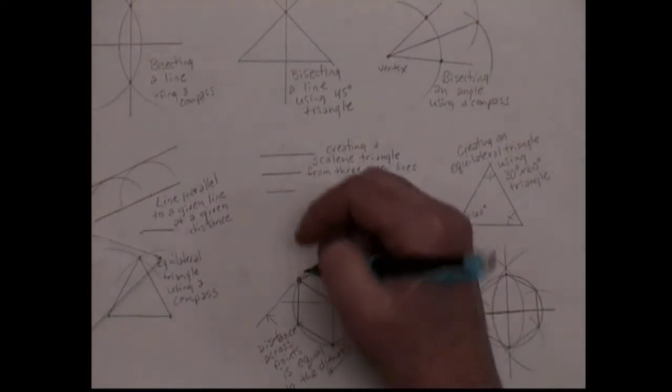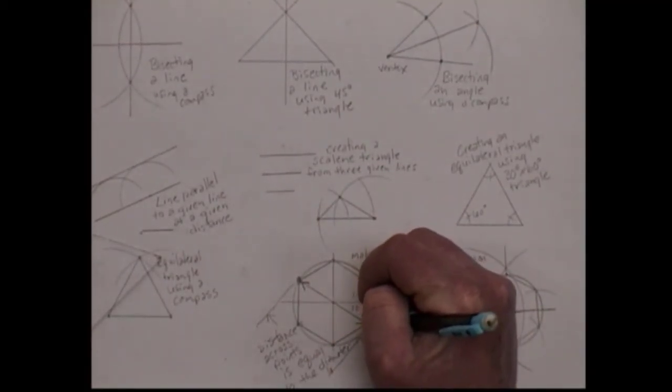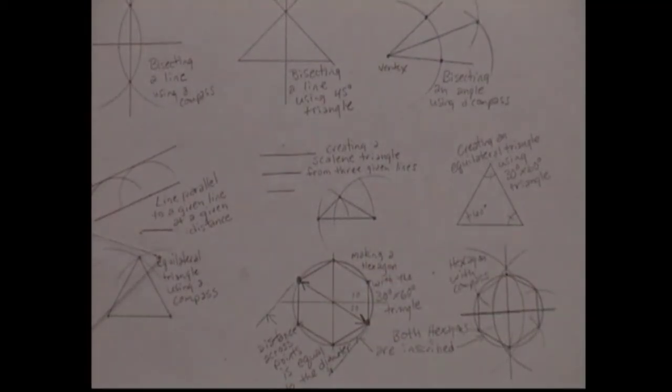So if we're given a hexagon and we're told the distance across the points and we have to recreate that hexagon, do we need to make it inscribed or circumscribed?